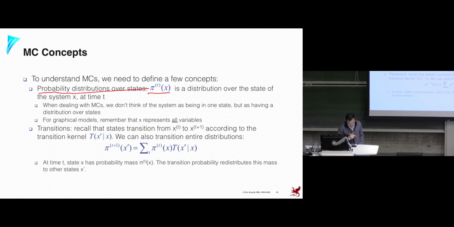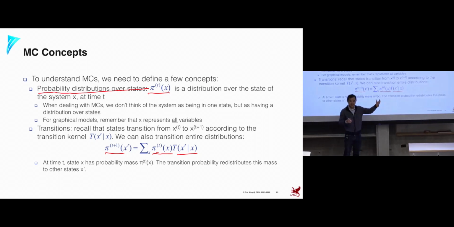Then we need to define how such a distribution can change over time because of our procedure. The procedure is that you draw a sample from a distribution and then you transition using a kernel. So you start from a distribution, draw a sample, and make a transition into the next step. What does the next distribution look like? Here is how it looks. You marginalize out the previous states, because you shouldn't assume it depends on a particular position at the previous time; it should be coming from any position.